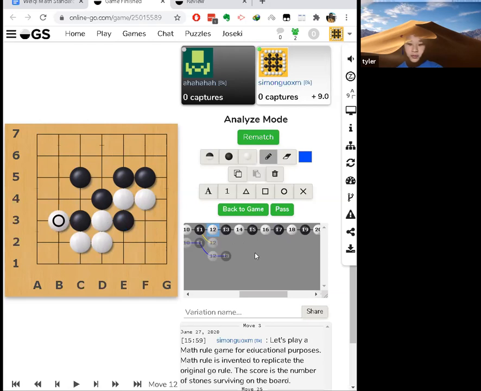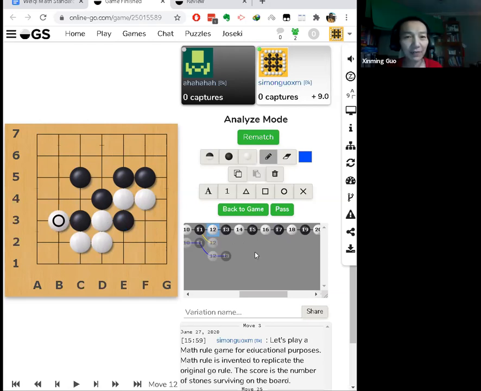Oh, white plays here. We don't know why, but white plays here. Looks like white puts this black in Atari and maybe tries to capture this one. But you have two white stones in danger.